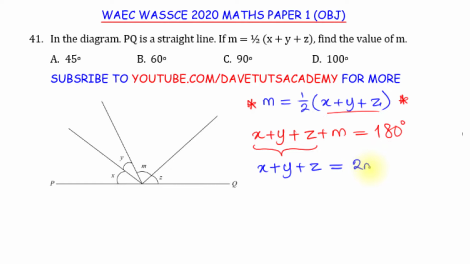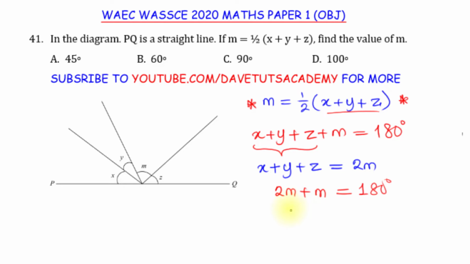Now using that 2M in this equation, instead of X, Y, and Z we can say it is 2M plus M, which gives us 180 degrees. It's just a simple matter of substituting the sum of X, Y, and Z as 2M.